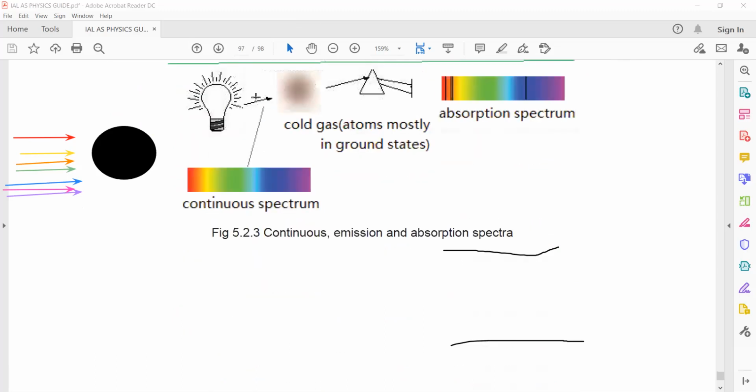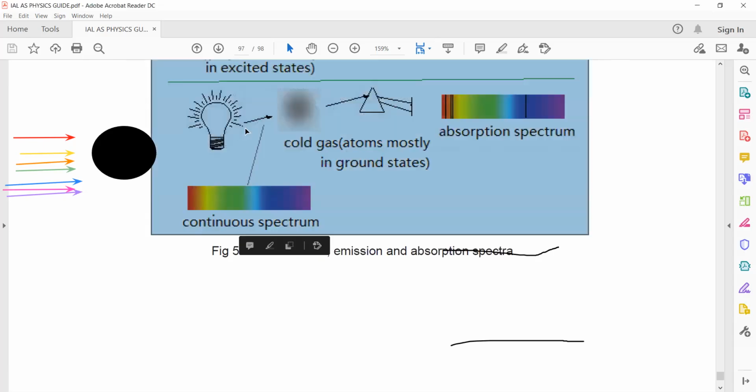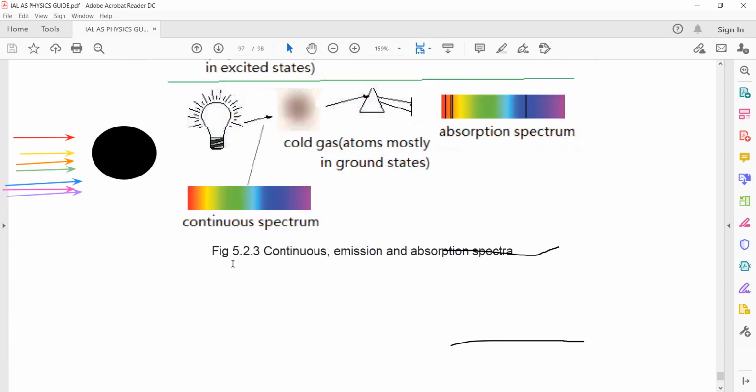So this is an absorption line spectrum. For example, the red is able to pass through this. The yellow is able to pass, but orange is absorbed.